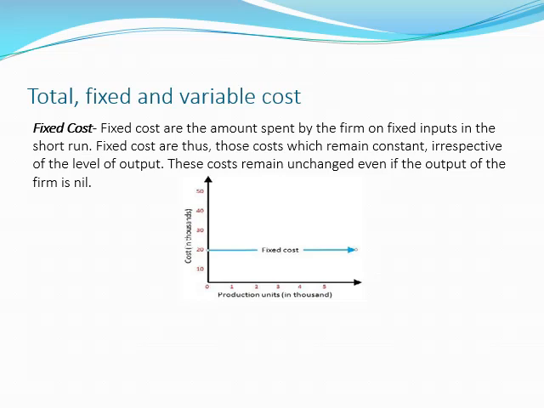This is resulting from the classification of the production function. The classification of cost is resulting from the classification of production. So here we are talking about the short-run period: total cost, fixed cost, variable cost. Shortly, you can define fixed cost as the cost of fixed factors of production.